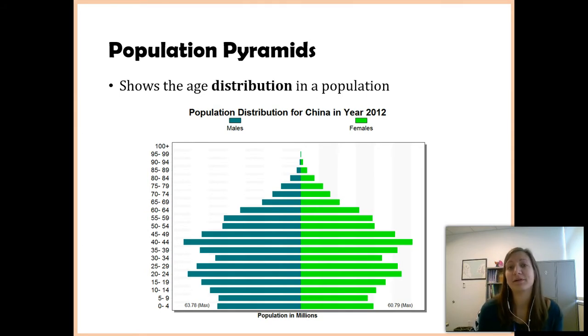So here's an example of a population pyramid that I have of China, from a couple years ago. On one side of our graph, we have males, the blue bars, and the green bars represent females. On this graph, it says population in millions.